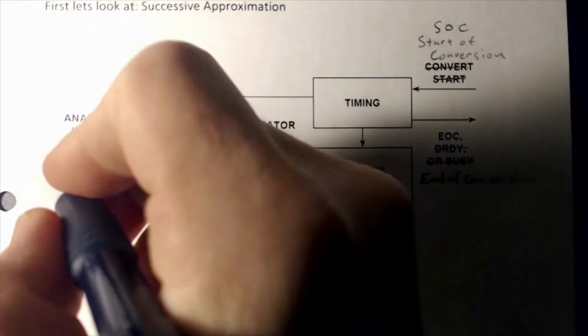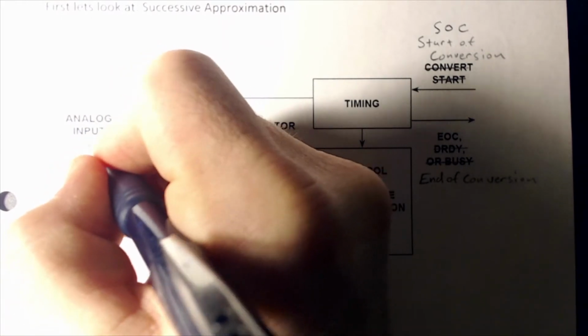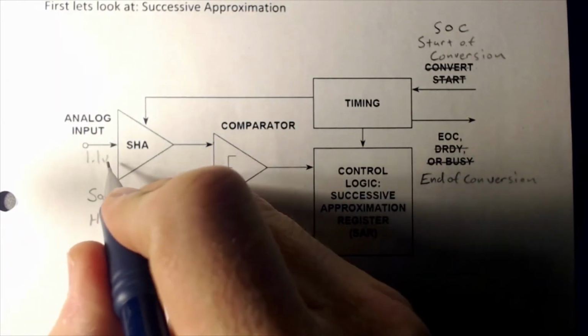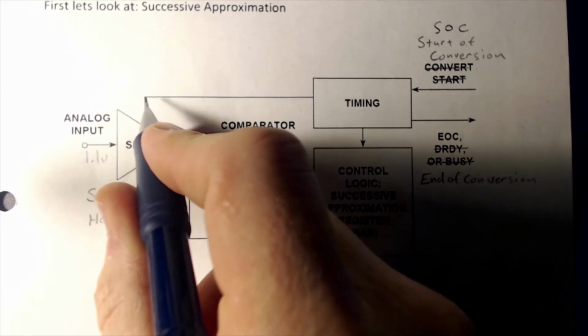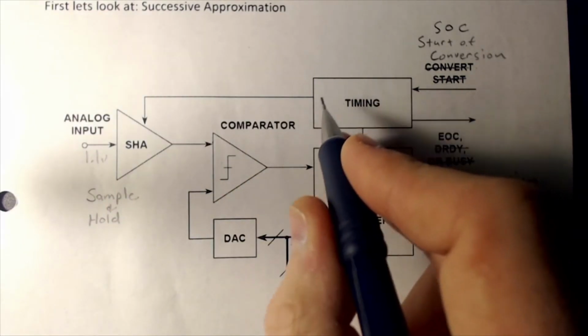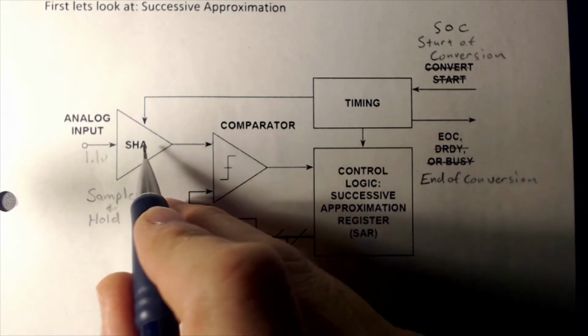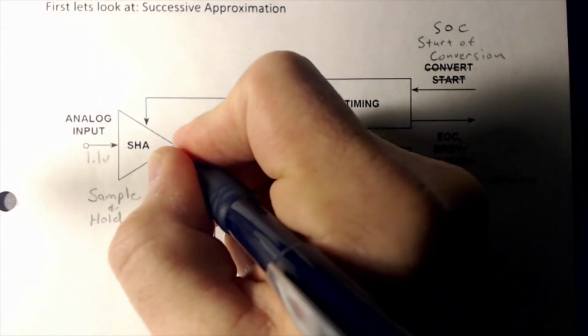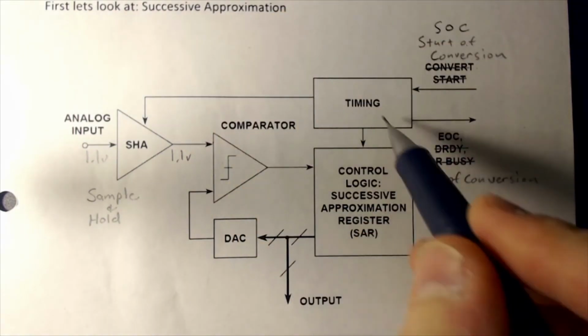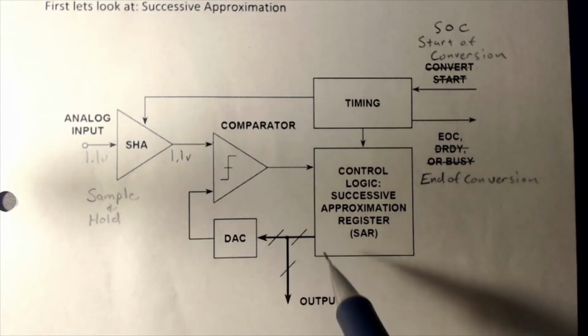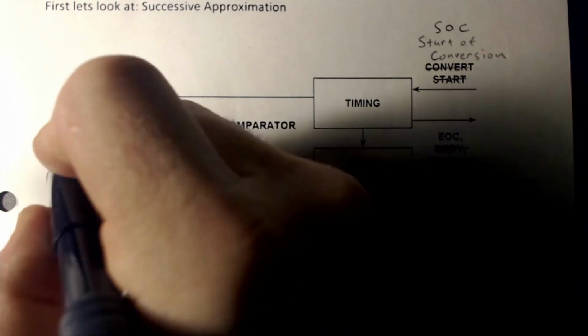Let's just say we had 1.1 volts that was sampled on the input. Once this gets the signal from some timing logic, it would keep that value at 1.1 volts so that we can do the entire conversion on that 1.1 volts regardless of whether our input changed.